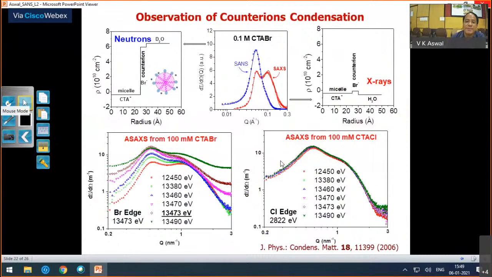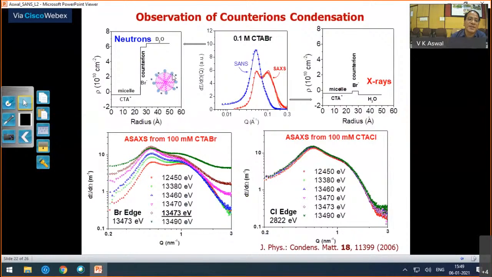So I now give an example again of micelles. So as I said, with neutrons and X-rays, you can see the core-shell structure. What I'm trying to look at here is counterion condensation.